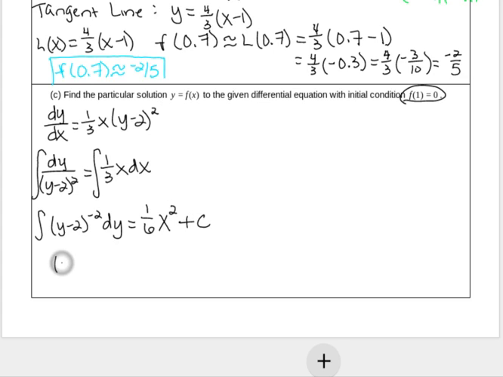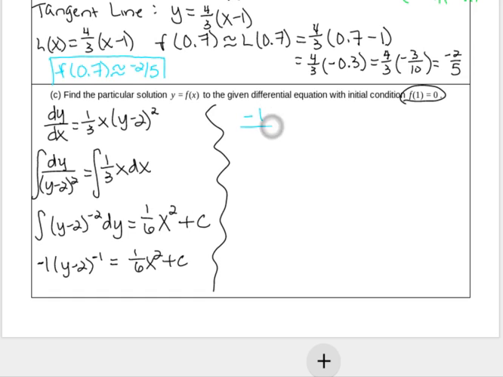And on the left, we're going to do y minus 2, add 1 to the exponent, so we get negative 1, and then we need a negative in front because of the chain rule. I'm going to rewrite that as negative 1 over (y minus 2) equals 1/6 x squared plus C.